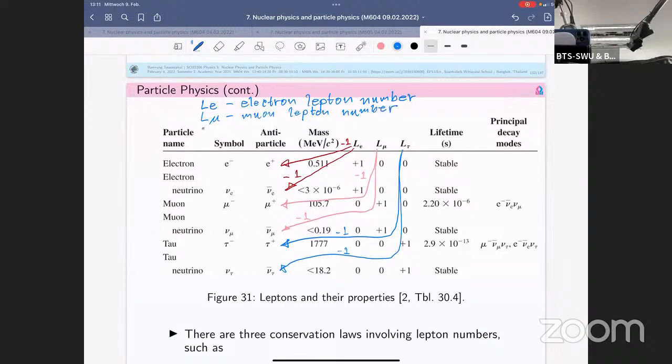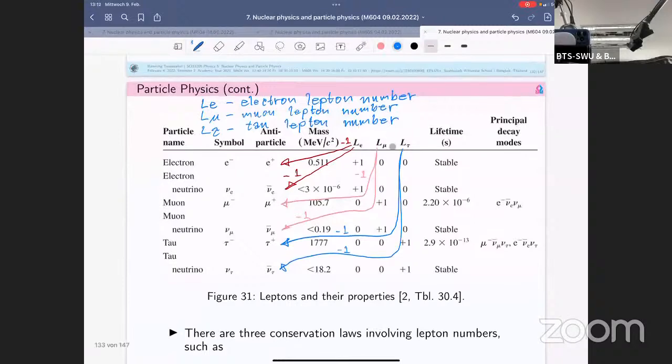All right, and L tau is tau lepton number. All right, so we are considering these three lepton numbers, and there will be conservation laws for all these three numbers.